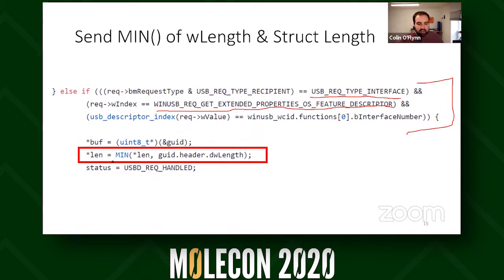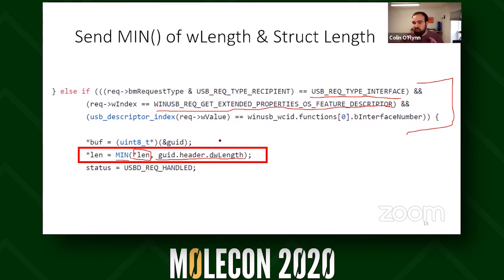And it actually has the, here you go. So here's the minimum of a length. So one of these is the length of the sent data. One of them is the wLength from the USB packet. One of them is the length of the data stored on the device.